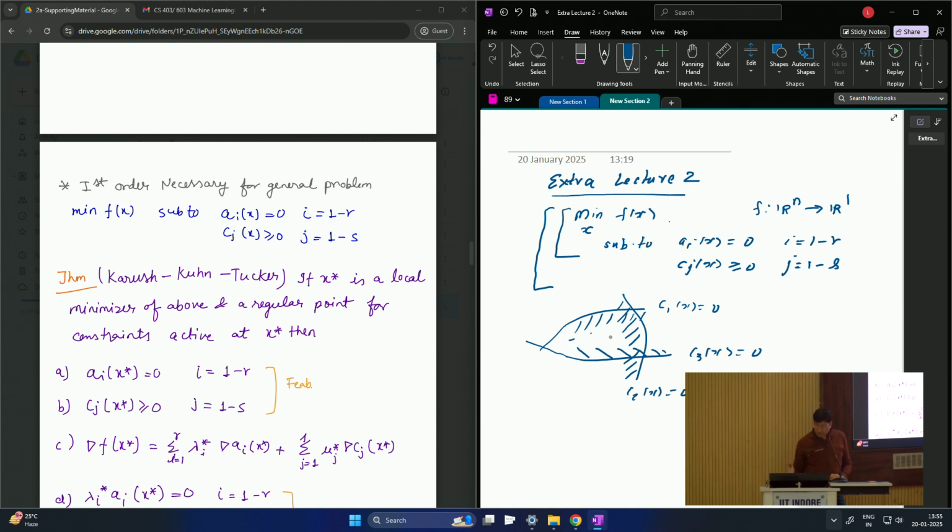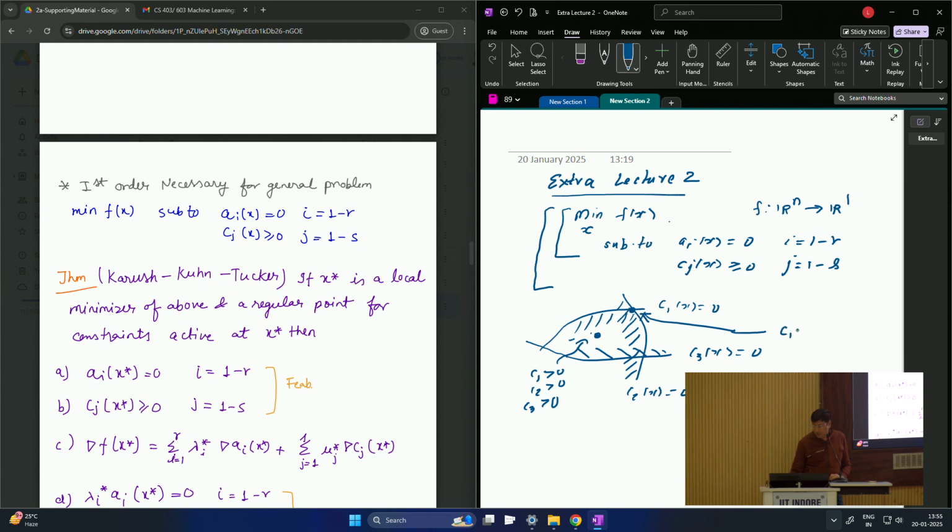So if I take a point somewhere inside, then I'll say all the 3 constraints are inactive. Inactive because at this point C1 is strictly greater than 0, C2 is strictly greater than 0, C3 is strictly greater than 0. Correct? If I take a point at this intersection, then what do we have?